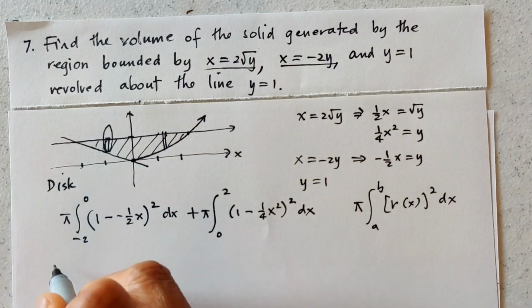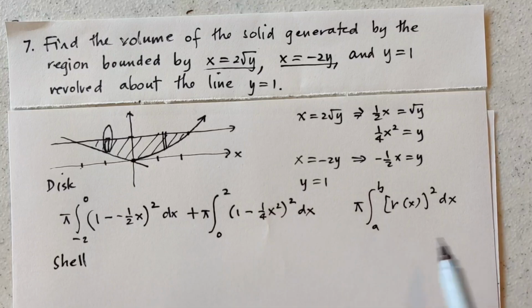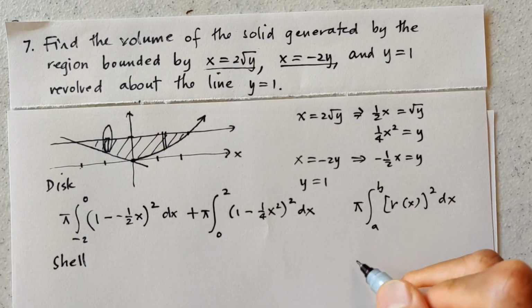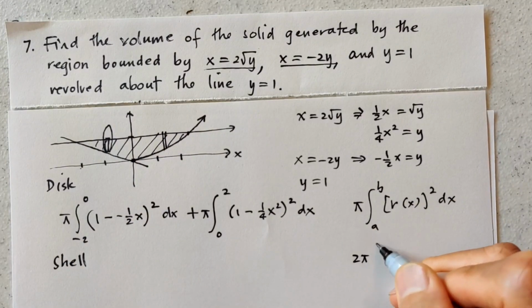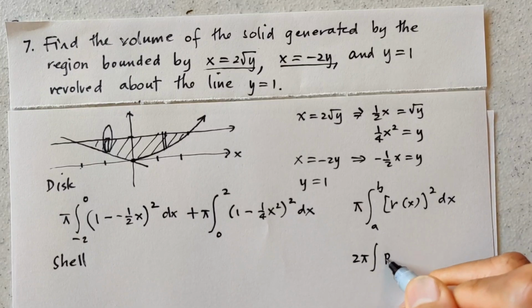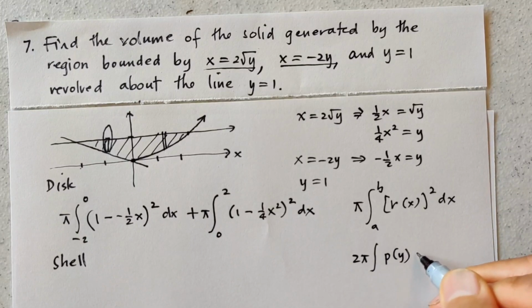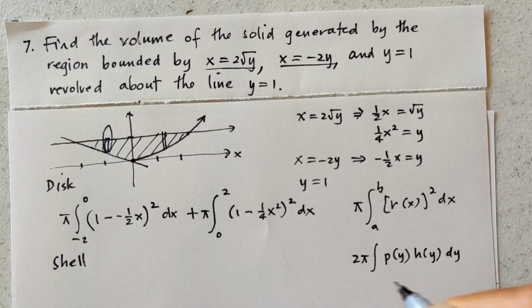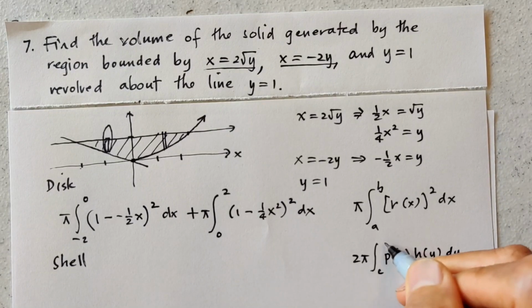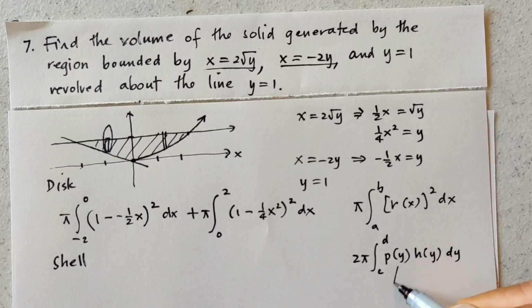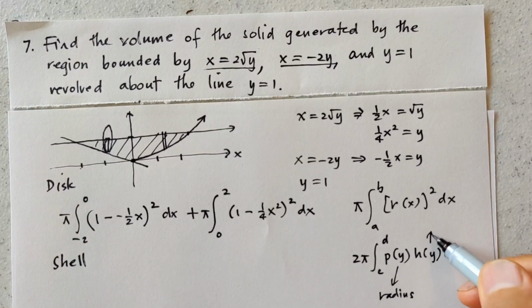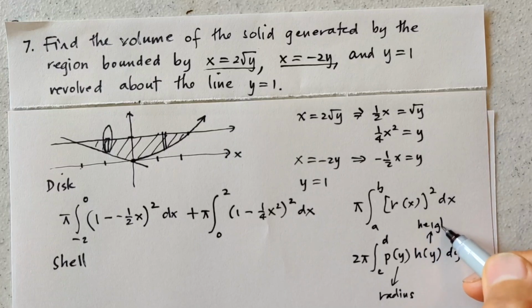So for shell, remember the formula for the shell method. It's 2 pi times the integral of p of y times h of y times dy from c to d. Okay. P of y is the radius of the shell. H of y is the height of the shell.